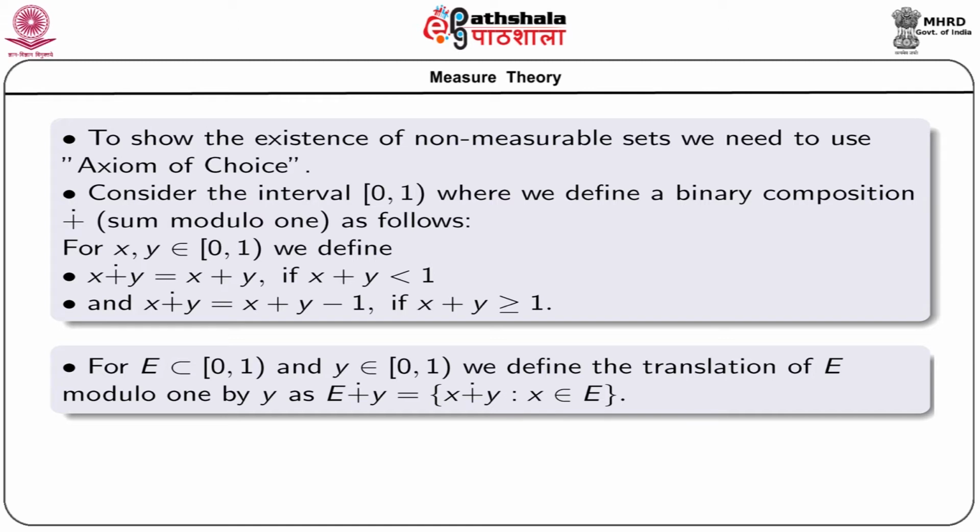For E a subset of [0,1) and an element y belonging to [0,1), we define the translation of E modulo 1 by the element y as E plus-dot y equal to the collection of all x plus-dot y, where x belongs to E.